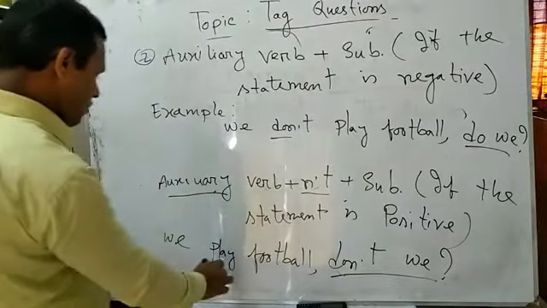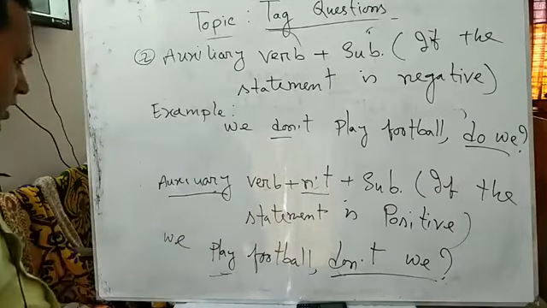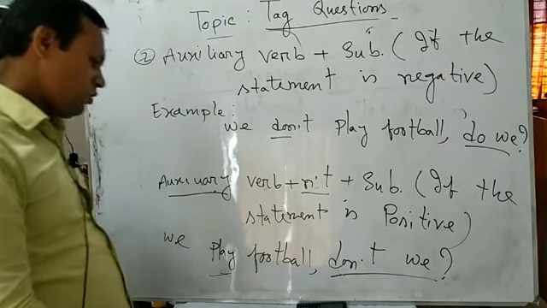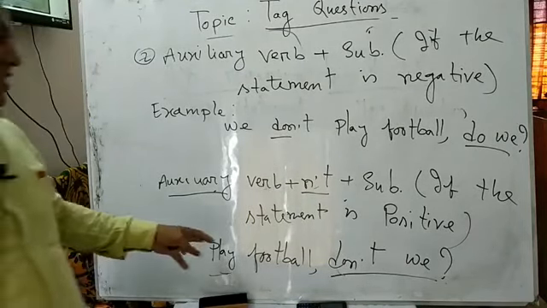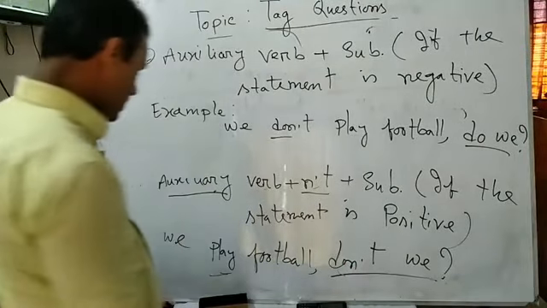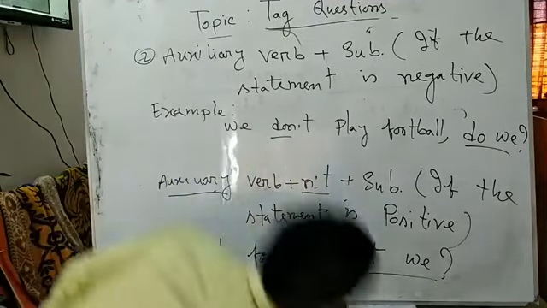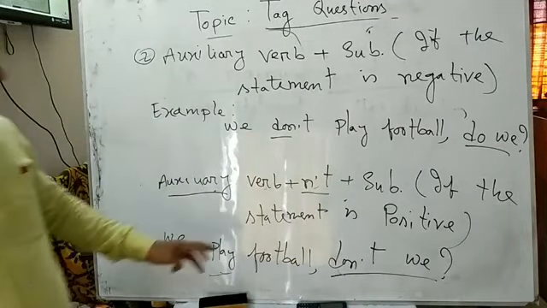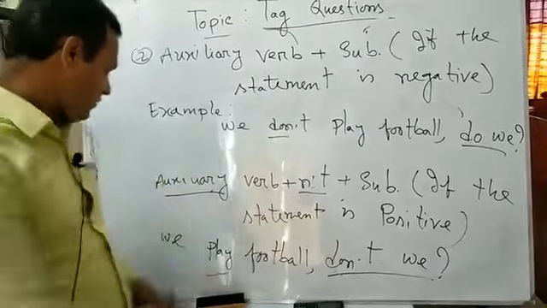Because there is no auxiliary verb found here, we have to take an auxiliary verb, do, because it is the present indefinite tense. So I have taken the auxiliary verb do, and it's do plus not, contraction form don't, plus subject.